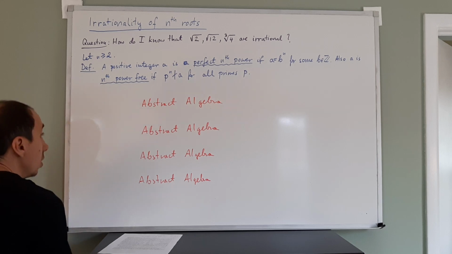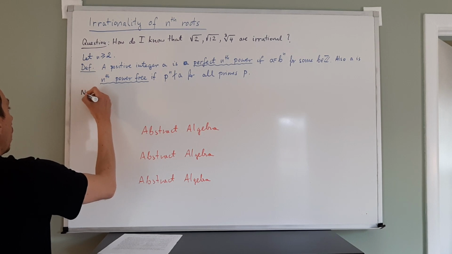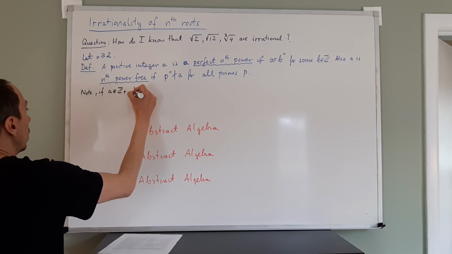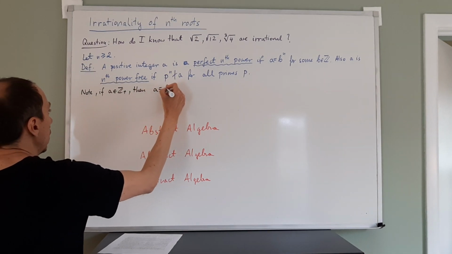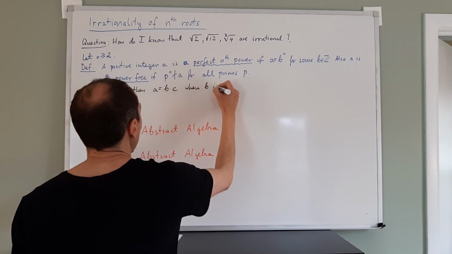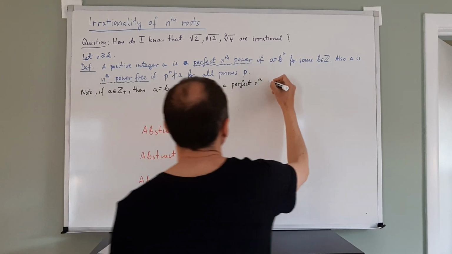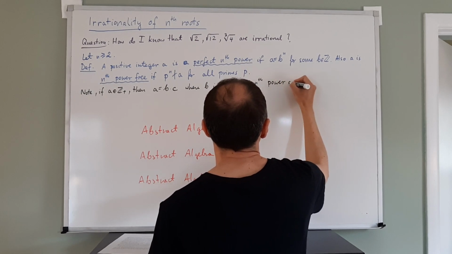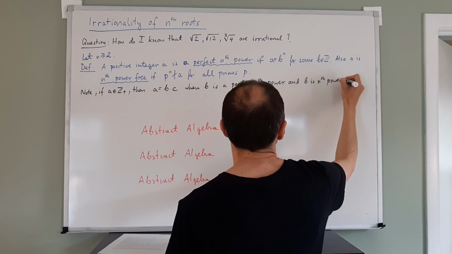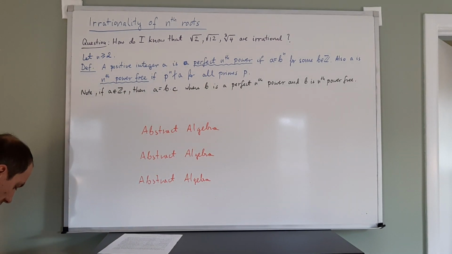And I want to make one note here. Note, if A is a positive integer, then I can always write A as b times c, where b is a perfect nth power, and c is nth power free. So let's maybe write down a little example of that.